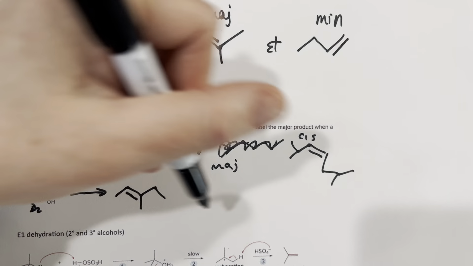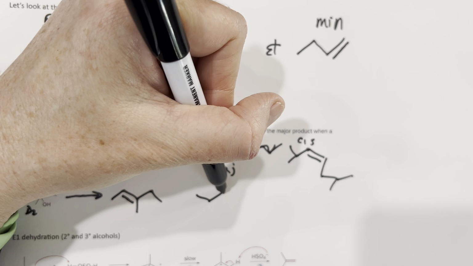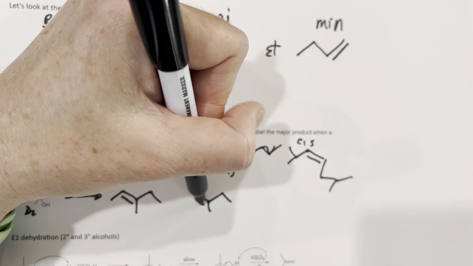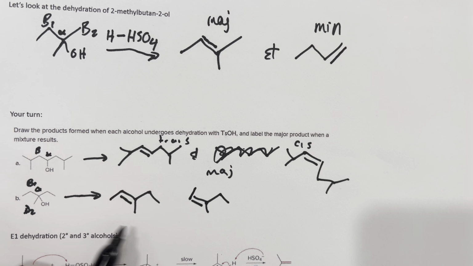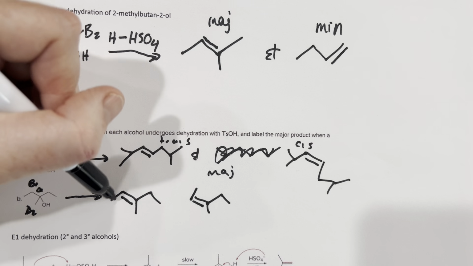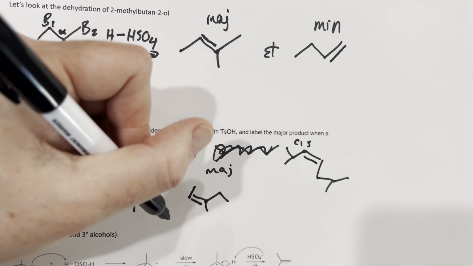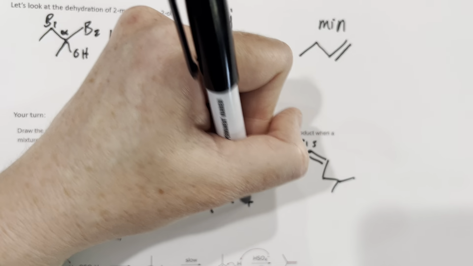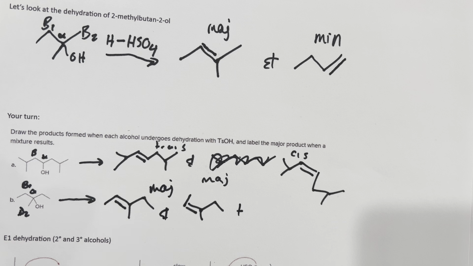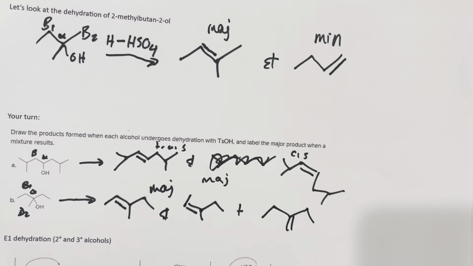We could also get, let's see if I can do it, that. Here we had the more cis-like product, and here we have more of the trans. These would both be major. Of course, we would also have the minor, where we're between the alpha and the beta 2, like that.